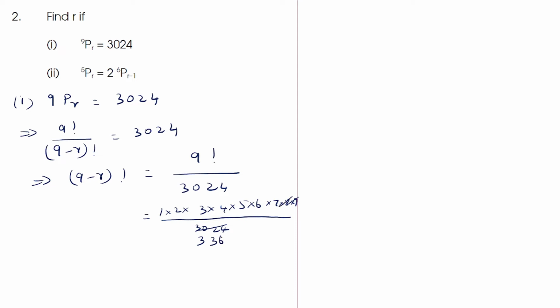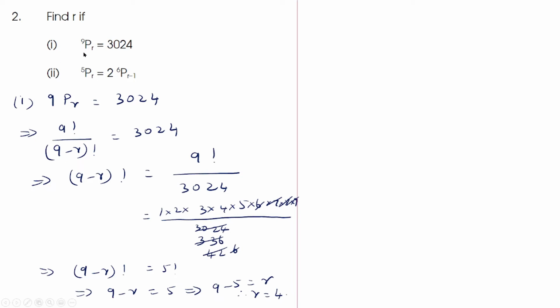Then moving on to 8, here we have 42, then 7 will go 6 times, then these two 6 will cancel. So we get 1 into 2 into 3 into 4 into 5, which is 5 factorial. So we get 9 minus r factorial equal to 5 factorial, or 9 minus r equal to 5, which means 9 minus 5 is equal to r. Therefore, r equal to 4.